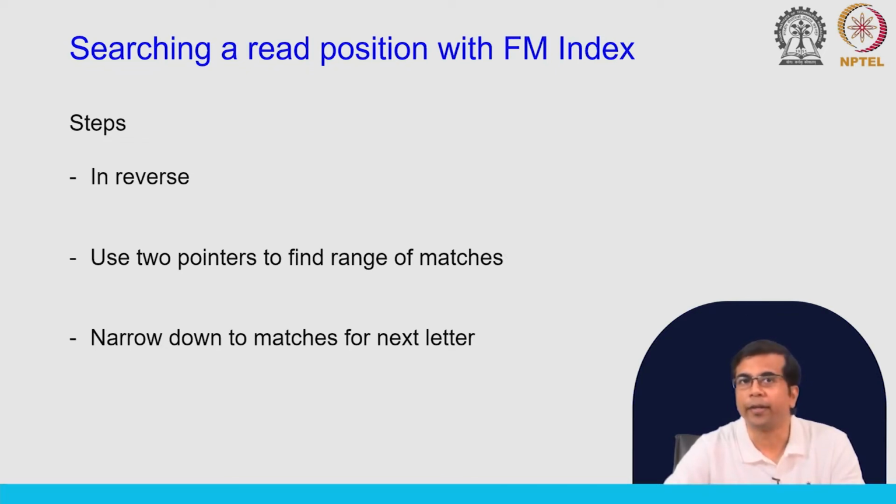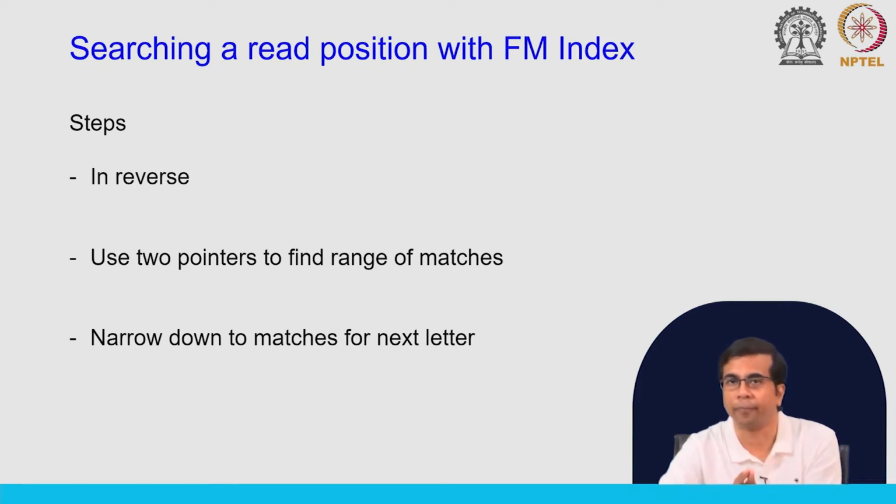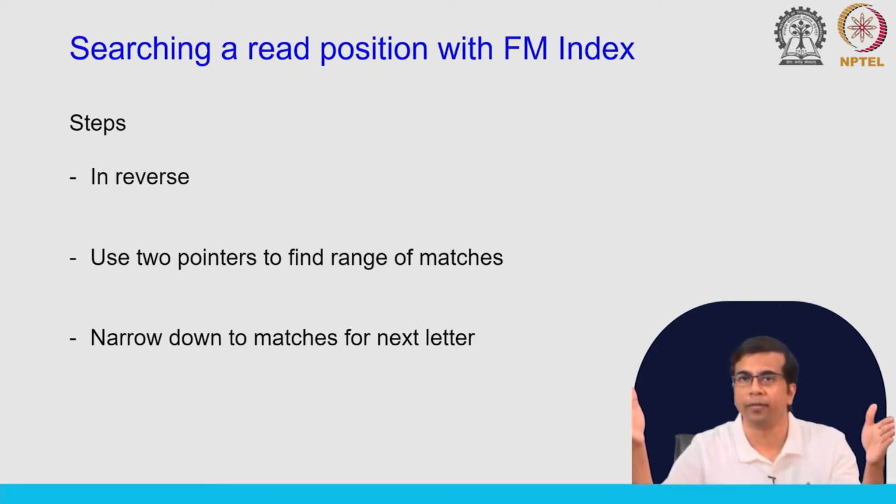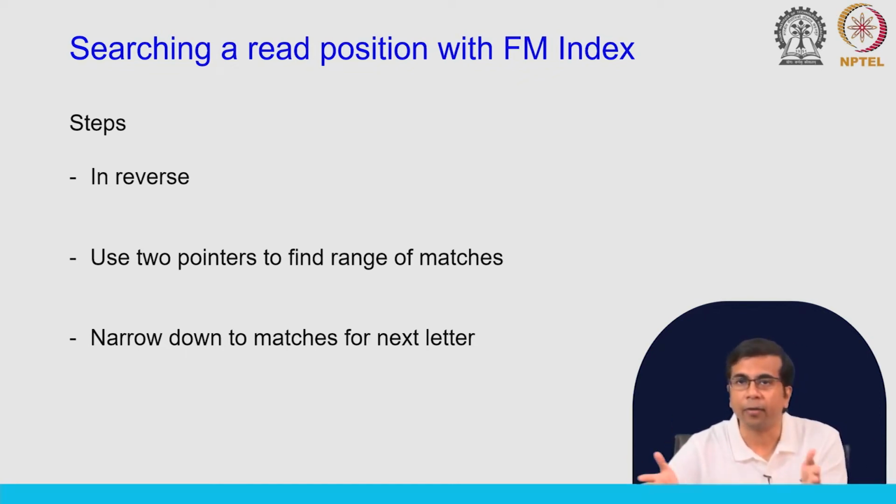Then we use 2 pointers to find the range of matches. We will show them by arrows in the next example, and these 2 pointers narrow down the range where the match might occur. When you start, they take the full matrix, and as you go along, they narrow down to certain choices based on the matches with the letters in the read.